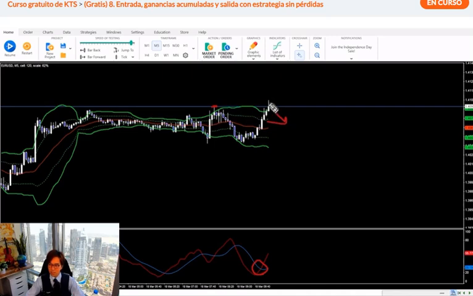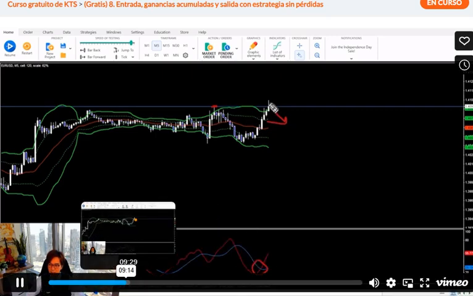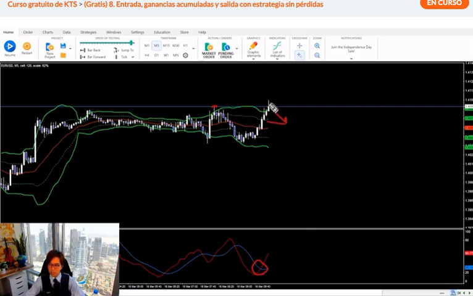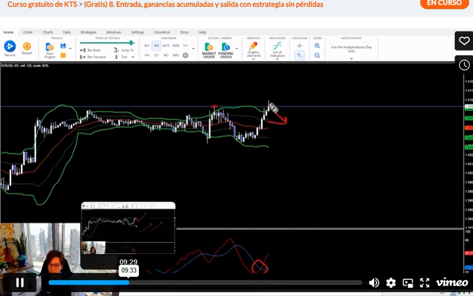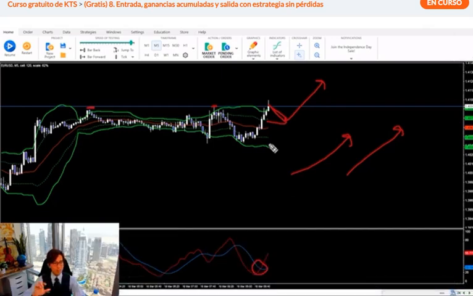There's a long wick in the 5-minute, and there was a resistance level here. And when I can confirm the market is bullish in the 5-minute, also in this case a breakout of the resistance, then I enter there.